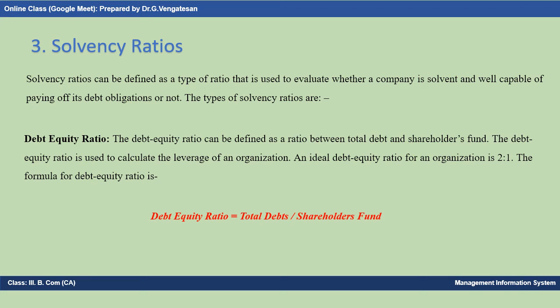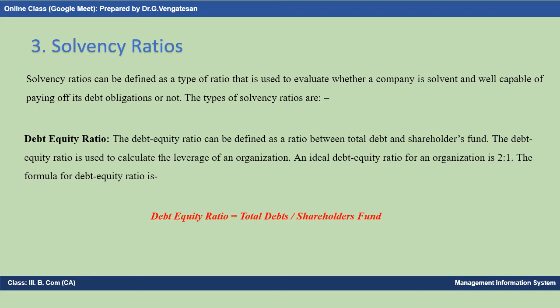Solvency ratios are those ratios that are calculated to determine or to test the firm's ability to meet its long-term liabilities. The long-term liabilities of a firm include bonds and debentures, long-term loans from banks and financial institutions, and long-term creditors.